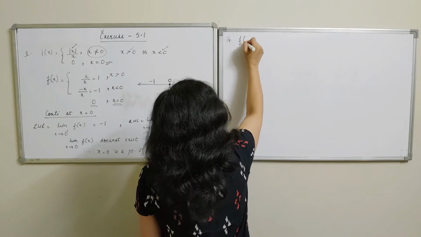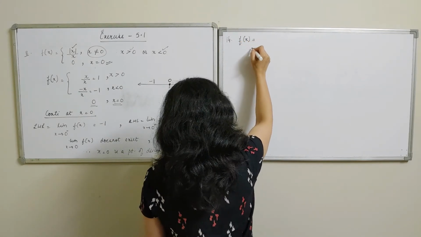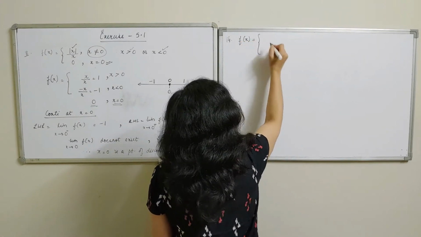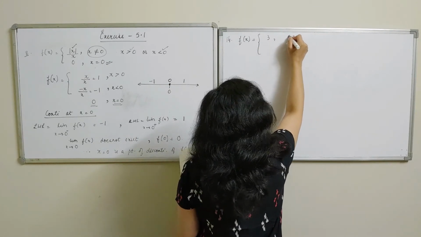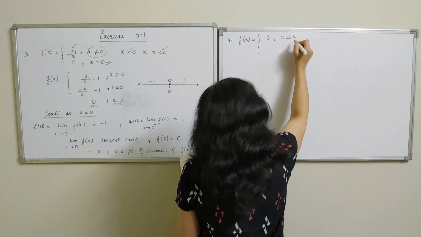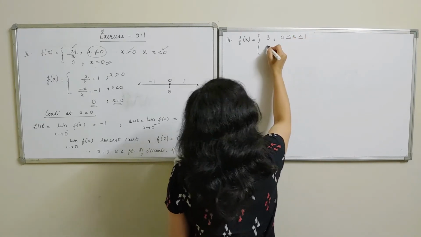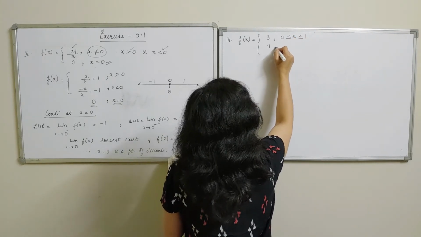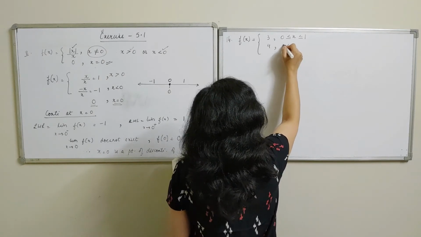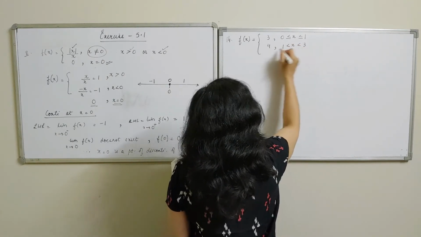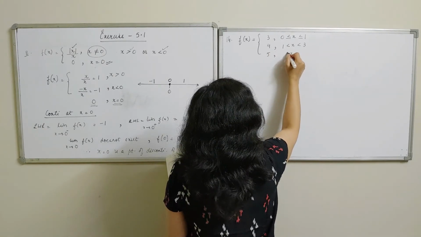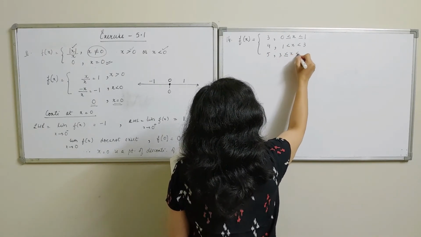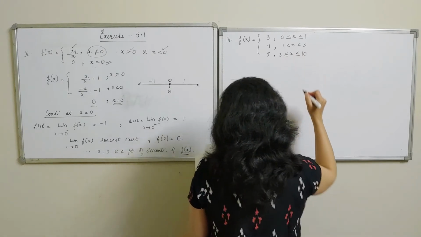So here the function is defined as 3 if x is greater than or equal to 0 and less than or equal to 1. The function is defined as 4 when x is greater than 1 and less than 3, and it is equal to 5 if x is greater than or equal to 3 and less than or equal to 10.